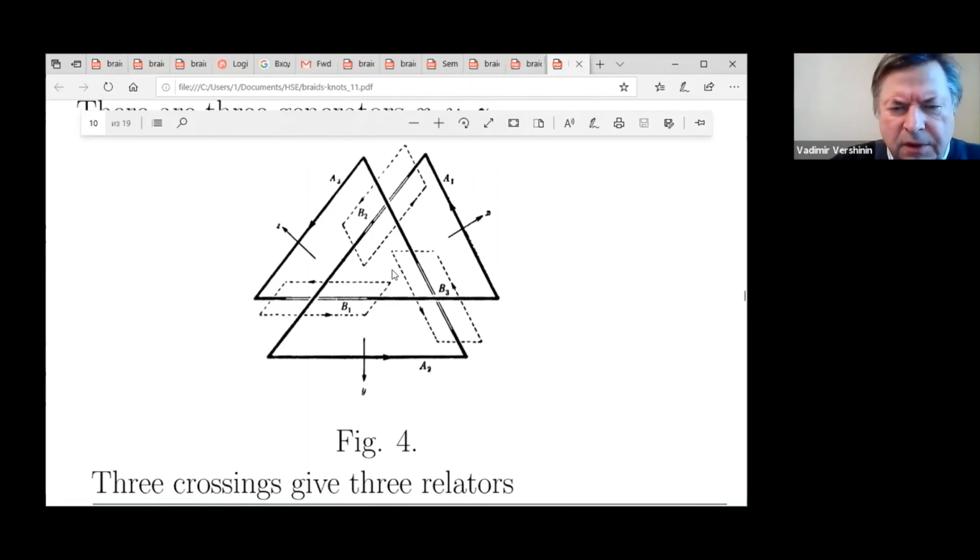Unfortunately, the letters in the picture are small. So this is X, this is Y, this is Z.